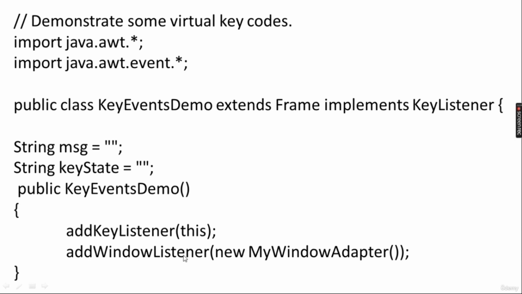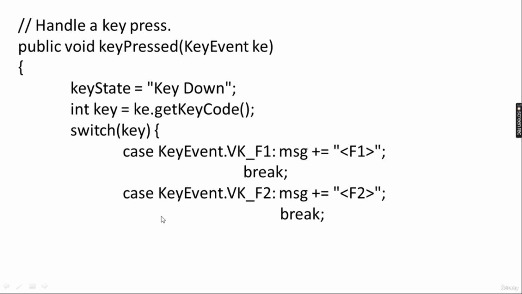So for that purpose, we have to add this window listener, and in this adapter, we are implementing the windowClosing method, and in that we are writing System.exit 0. For that purpose, this line is important. And since it is implementing KeyListener, we are adding the key listener to this. Then key state key down.